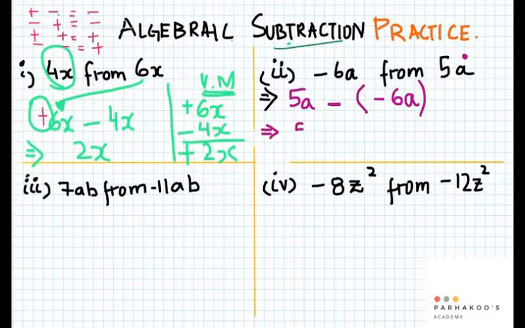So 5a, minus into minus is plus, so plus 6a. Now we have plus with this and plus with this, so plus is plus, so we need to add them together. So it would be 11a, and the sign of the bigger term is plus, so we don't write it.